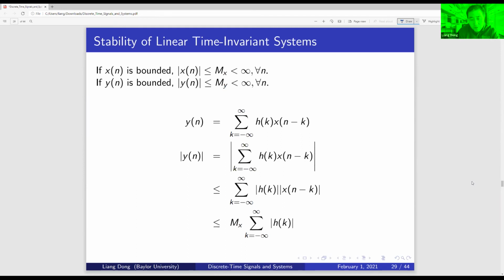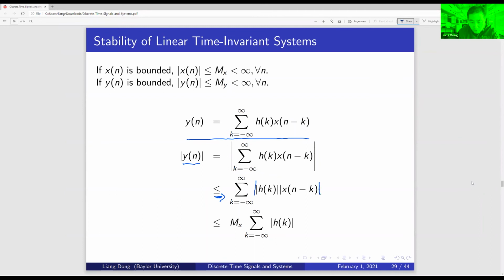Using the convolution sum to describe my system, now I only care about the magnitude, the absolute value of y. So I take the absolute value of y, equal to the absolute value of this sum, and it is less than or equal to the sum with the absolute value put inside.